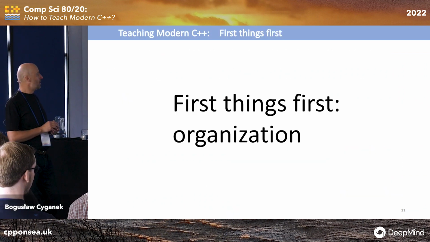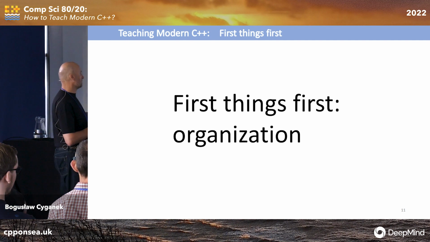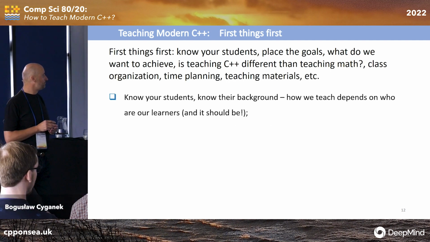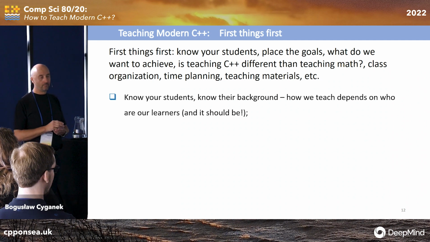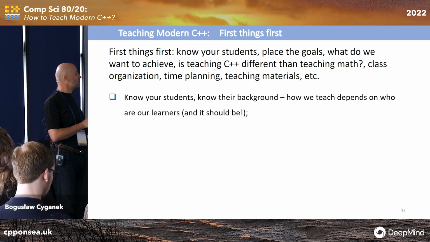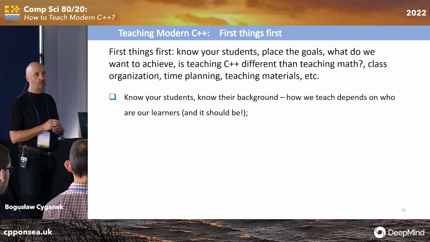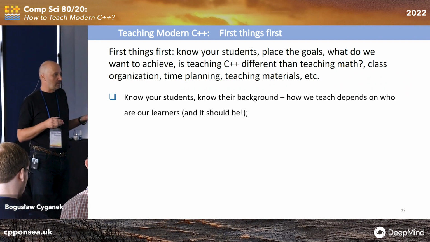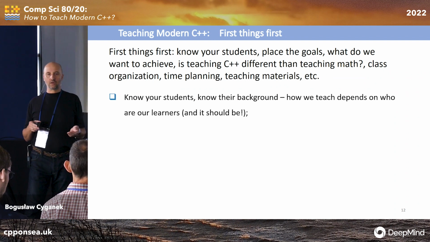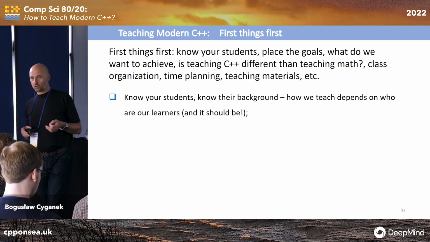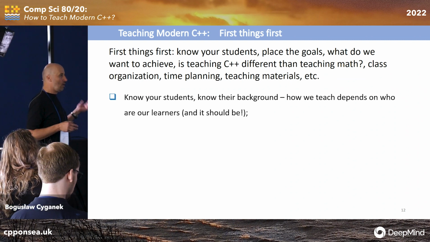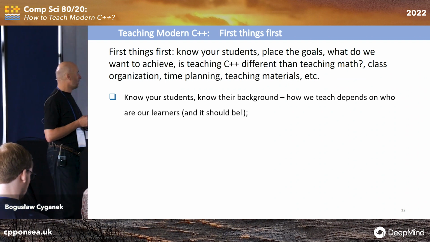So let's go to merits. First things first, organization. So first thing, please know your students, know their background. We cannot go to a group of people we start teaching with the same attitude. We should know something about them, about the background, what they already know.